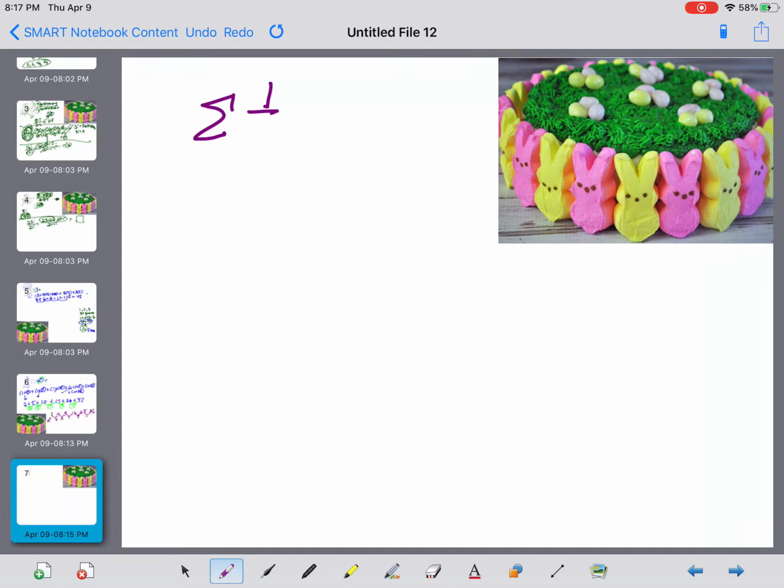Okay, so let's do one more summation. This one is 1 over n factorial, and they tell you n is starting at 0, and it's stopping at 8.